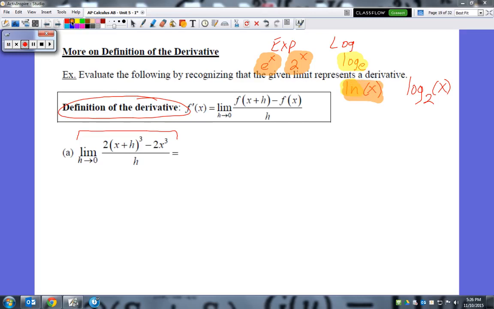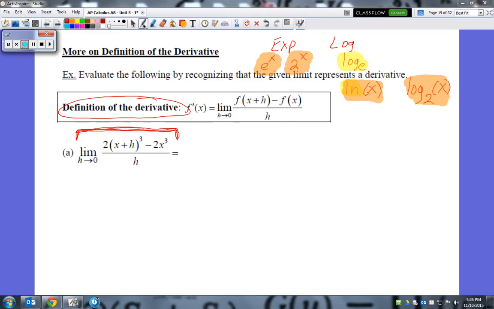And then natural log, which is logs of base e, and then log base 2 or log base 4 or whatever other base that you could have. So those four rules of differentiation along with this alternate way of solving it, and I don't mean the alternative form of the definition, I mean it's just a different method that you could use to shortcut these kind of problems. So let's go ahead and get started with these limits first.